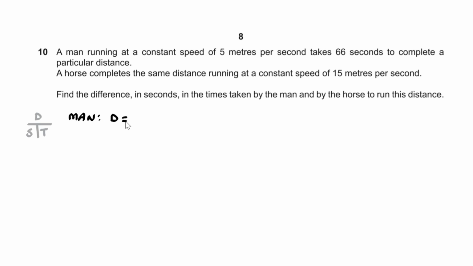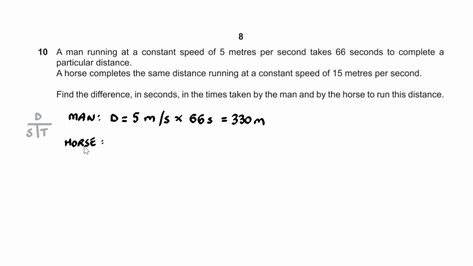So the distance is equal to the speed, which is 5 meters per second, multiplied by 66 seconds. So the distance here is 5 times by 66. Well, here we'd have 30 plus 300, so that'll be 330 meters.